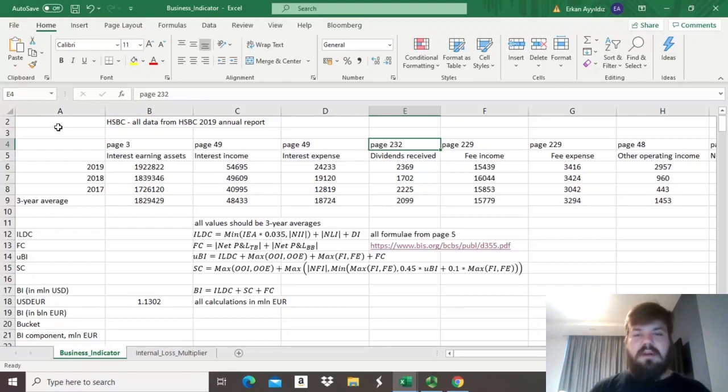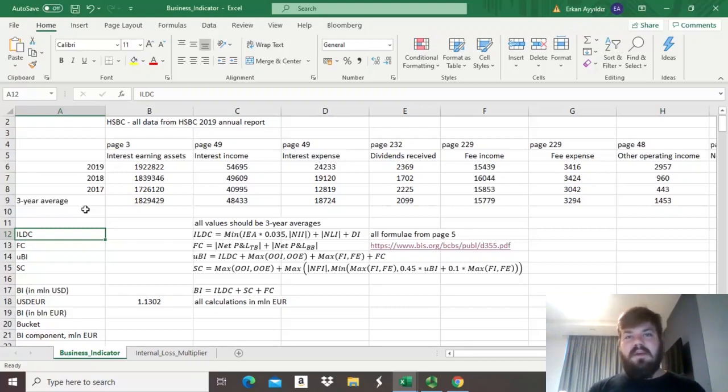That's pretty much all that we can retrieve from publicly available disclosure regarding the interest and dividend income of the bank. As you can see from this formula, it has four letters, ILDC. ILDC stands for interest, lease, and dividend component.